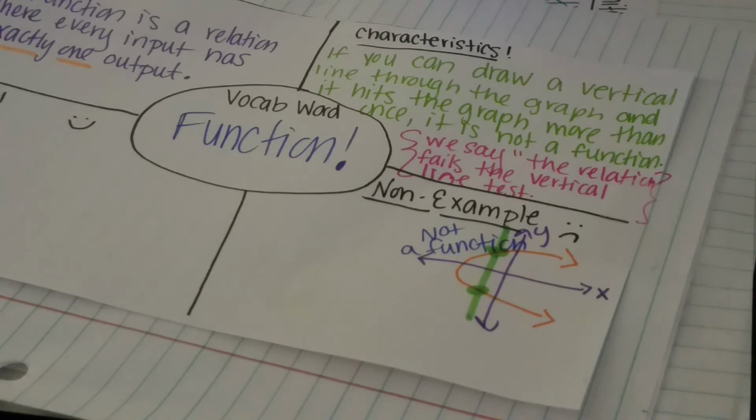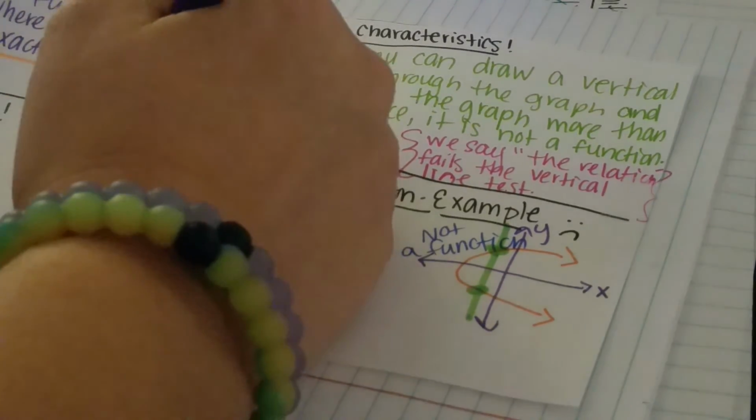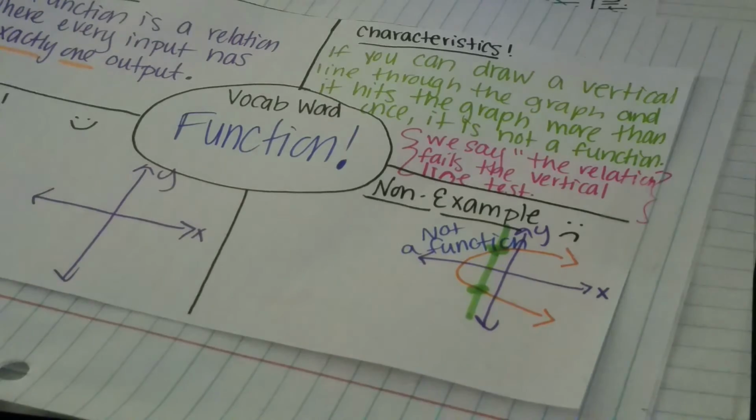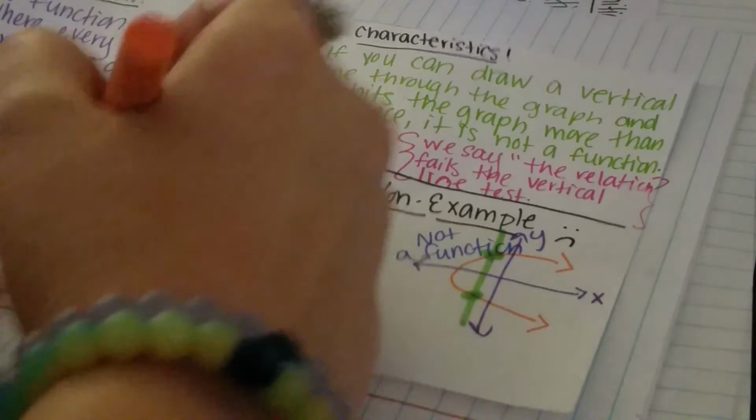Now, if we wanted to draw an example of what a graph would look like, let's come over here and draw our axes. And then I'm going to draw my graph in orange again.